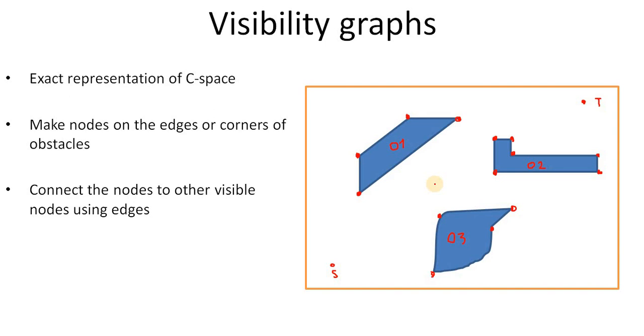using edges. Now what we have to do is just connect the nodes that are visible to other nodes. For example, let's start with our node 1 here. This is node number 1, and we see which nodes are visible from here. If you're standing here, which other nodes can you see? Of course the first one you can see is this one here.